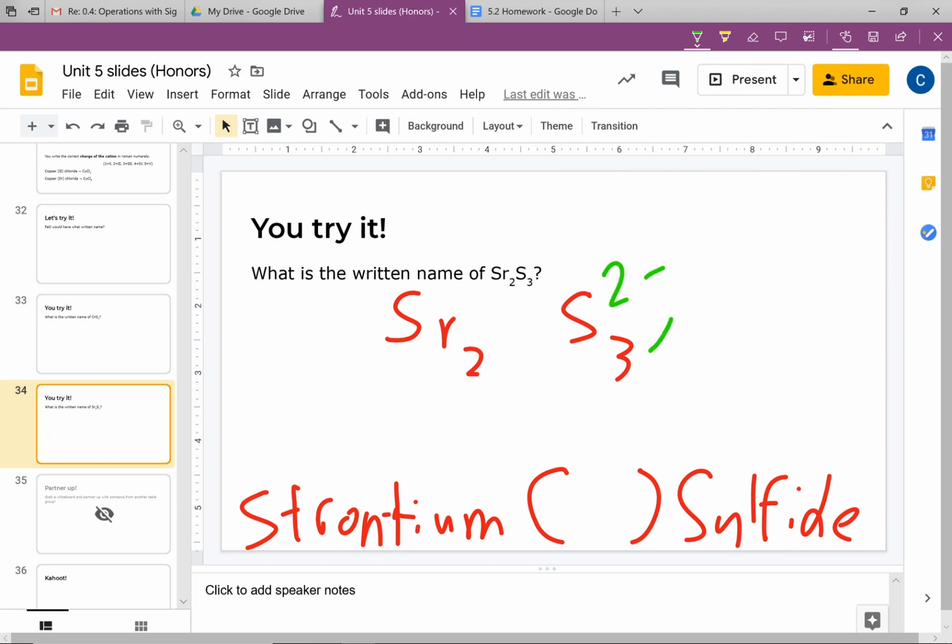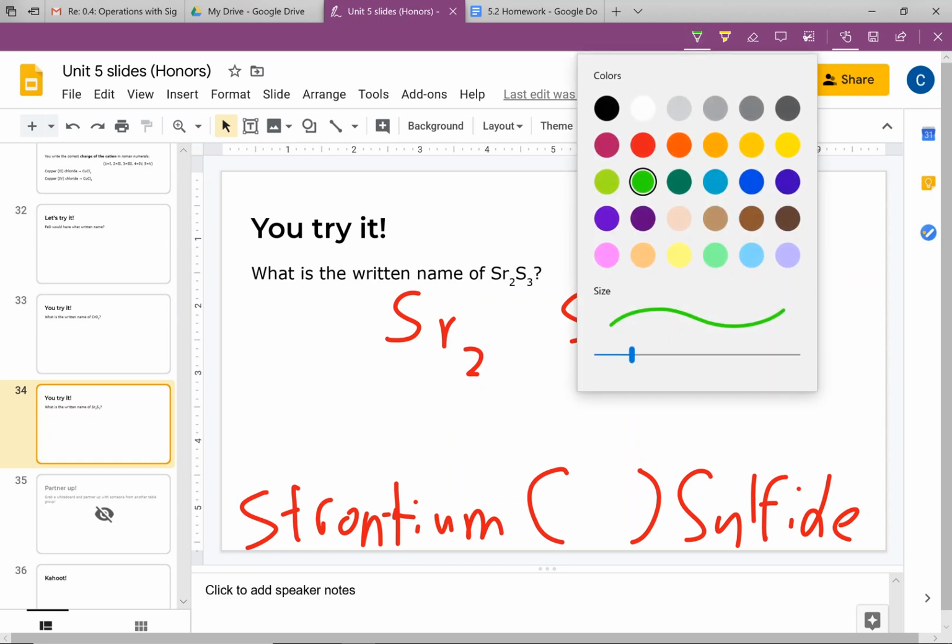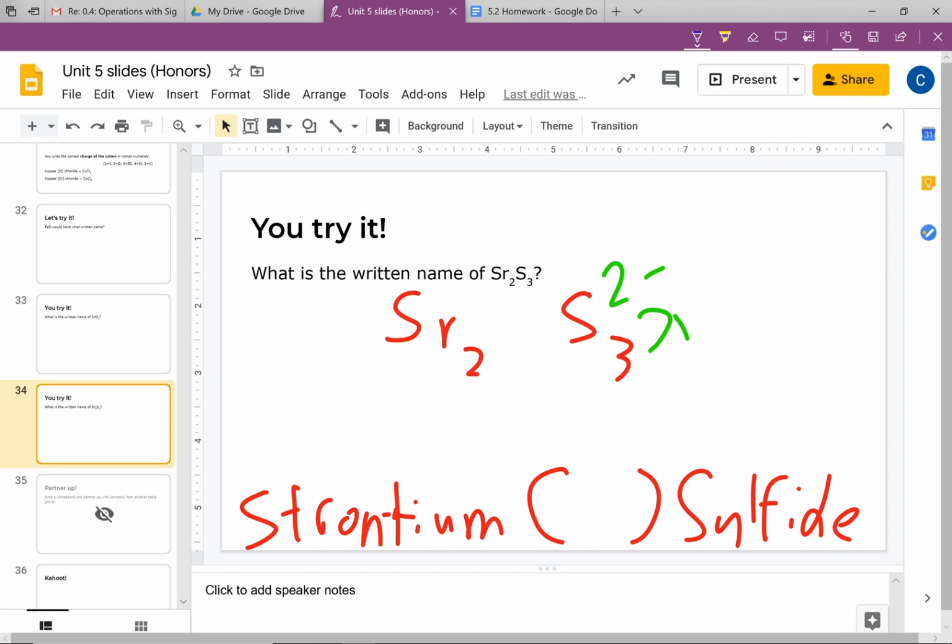The problem is we have 3 of them. So 3 times 2 minus gives us what total negative charge? Yeah, 6 minus here, right? In order to neutralize that, we need a total positive charge of 6 plus. Net 0, right, between these two. Drawing a little equal sign there.